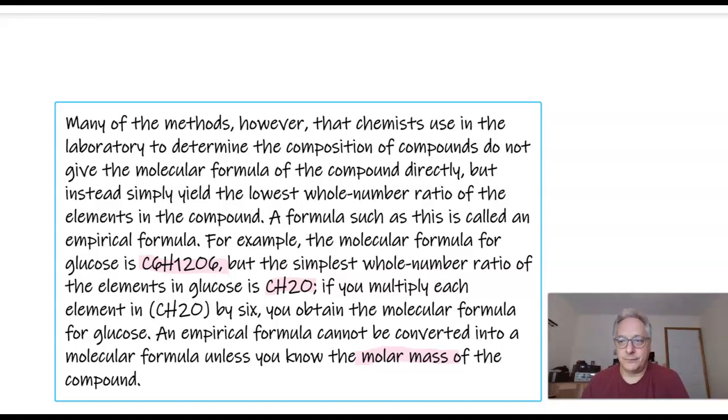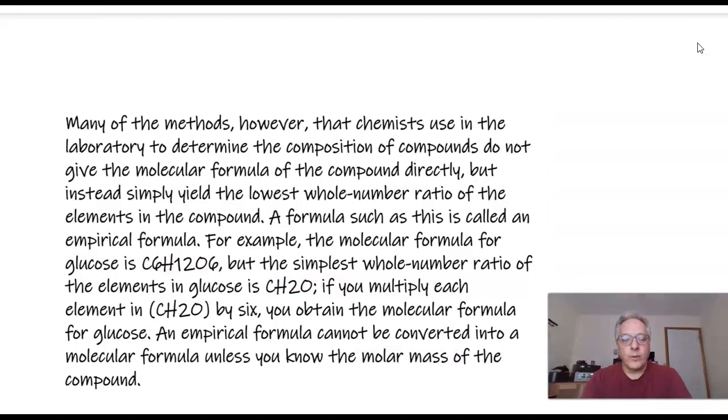Now, again, when I look at this definition, it looks like we have a lot of different things here. We will get some information about our chemical compound that will enable us to get the empirical formula. That's number one. Number two, from that empirical formula, we will get information about the molar mass of that chemical compound. That's step number two.